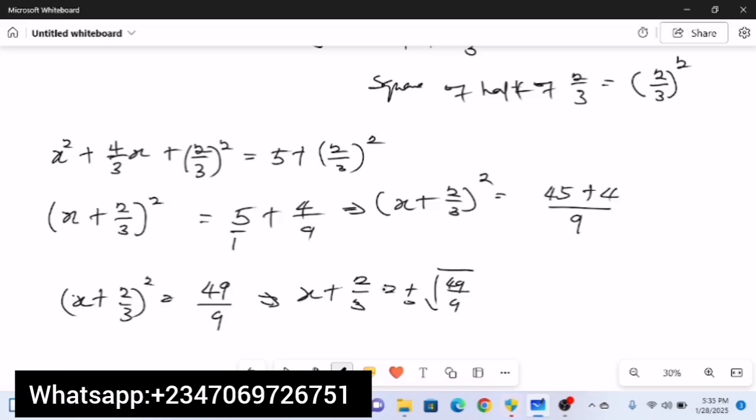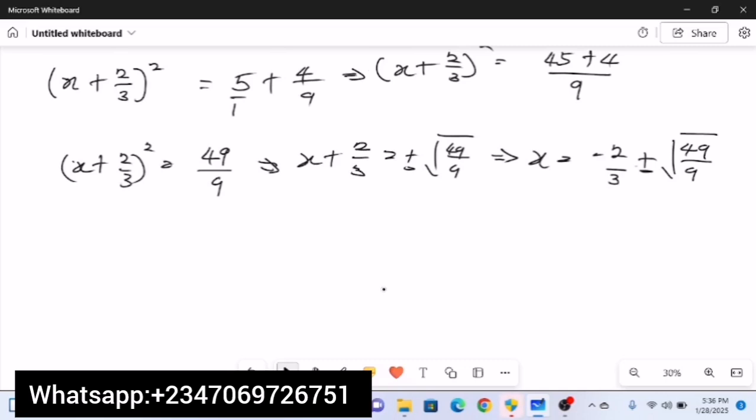This simply implies I can now send plus 2/3 to the other side of the equation. So I'll have the value of x. X is going to be equal to, if plus 2/3 crosses that equal to sign, it becomes negative 2/3 plus or minus the square root of 49 all over 9.